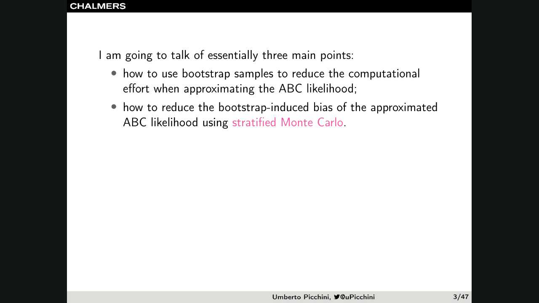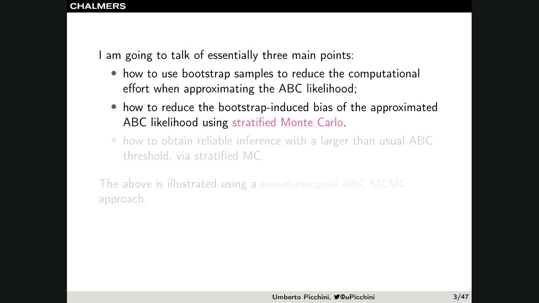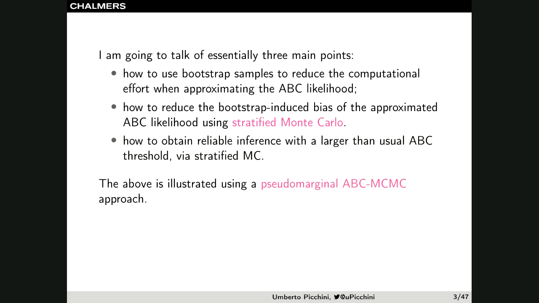We may be able to reduce this bias by using stratified Monte Carlo. And finally, it's interesting to see how using stratified Monte Carlo can help us to use an ABC threshold which is larger than what we typically would want to use in this type of simulation study.